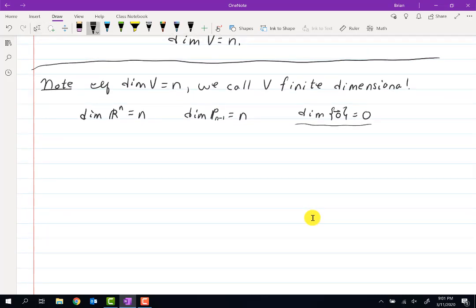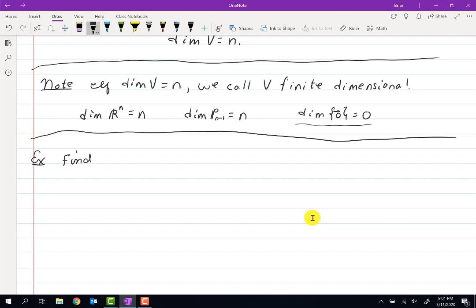Now, let me do an example to illustrate some things. Find a basis and the dimension for the following set. We have 4 rows.